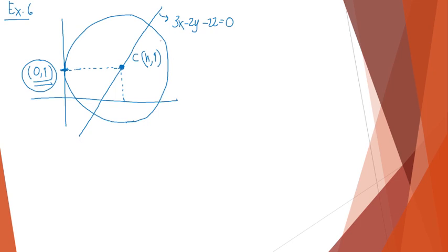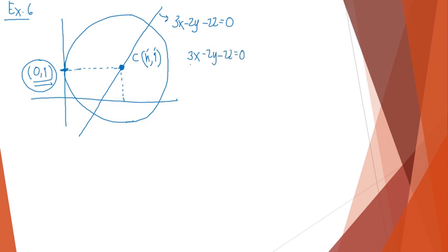Recall from your previous topic that any point that passes through a line should satisfy the equation. So the center passes through the line, so we can substitute these coordinates. We have 3x minus 2y minus 22 is equal to 0.